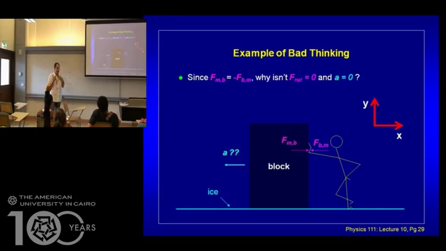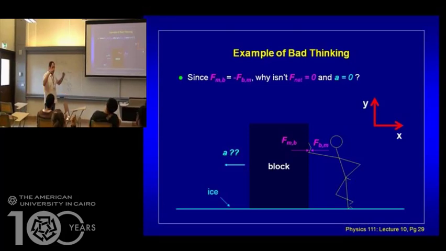My thinking tells me that this is really weird. How come? If I push on that chair by a force F, the chair will push back on me with a force F. So the net force is 0. How come the chair moves? It shouldn't move if the net force is 0.